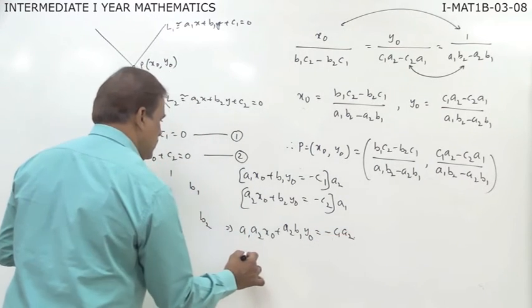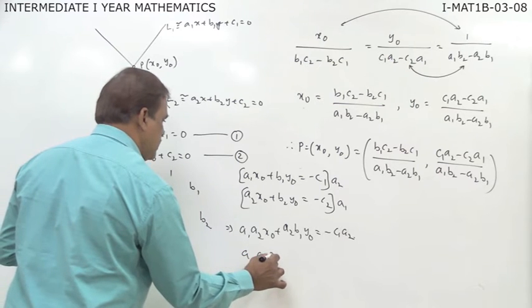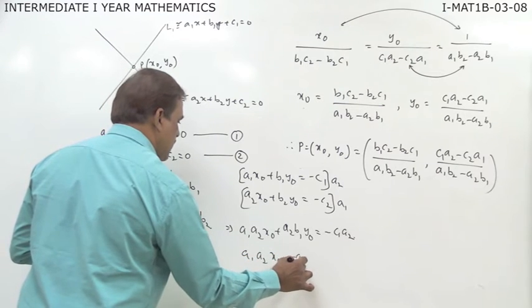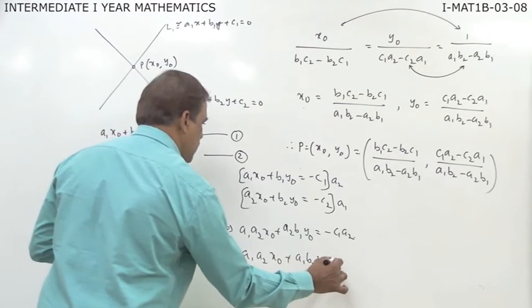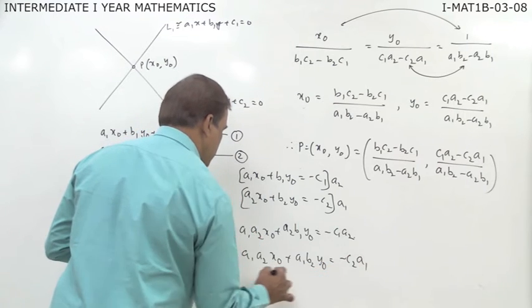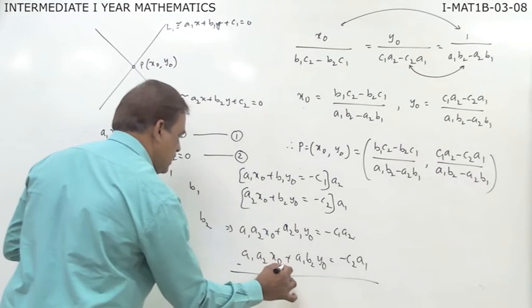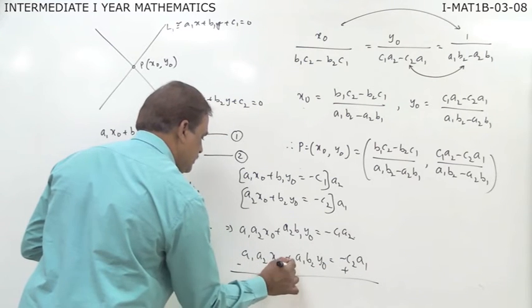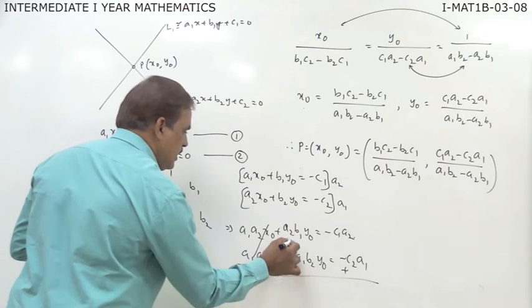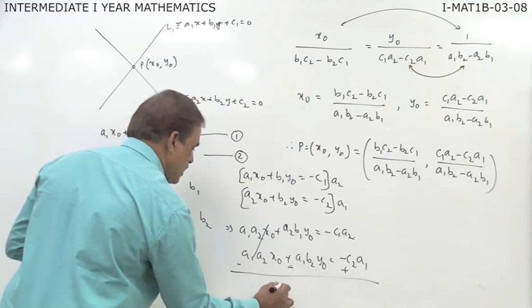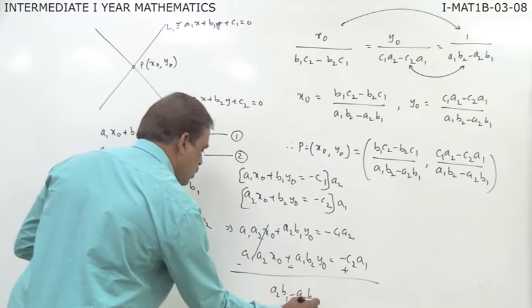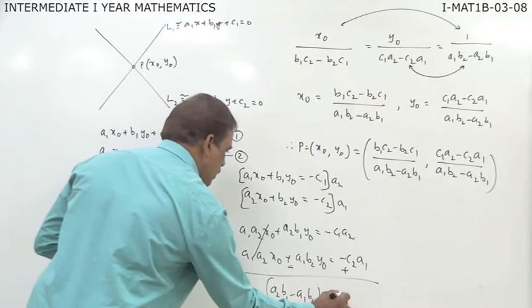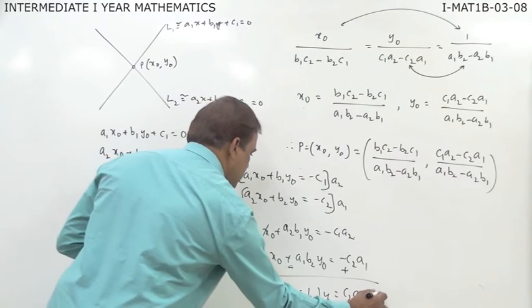Then this gives a1 a2 x0 plus a1 b2 y0 is equal to minus c2 a1. Change the sign, minus and plus here. Then both of these get cancelled. Here a2 b1 minus a1 b2 into y0 is equal to c2 a1 minus c1 a2.